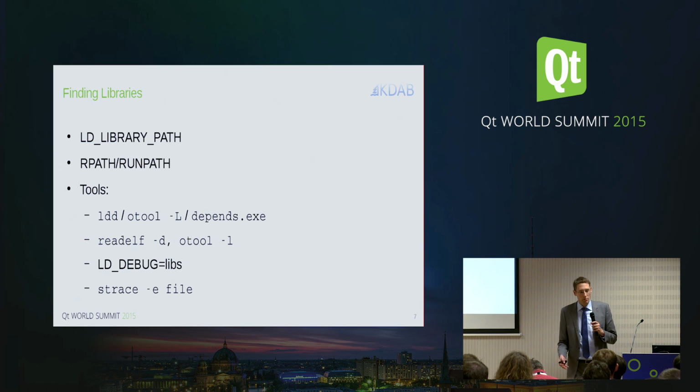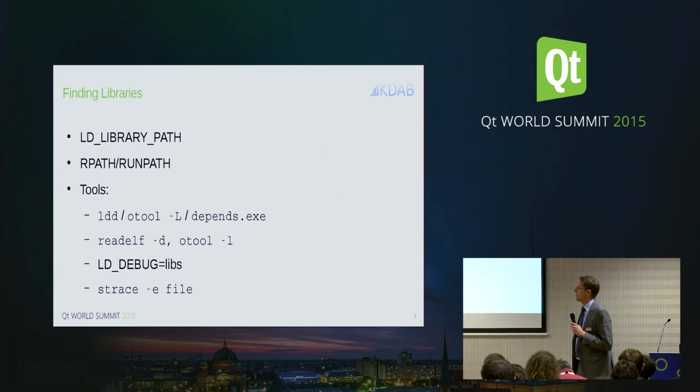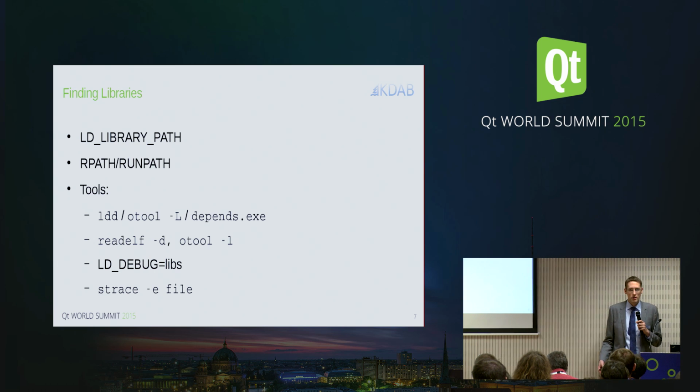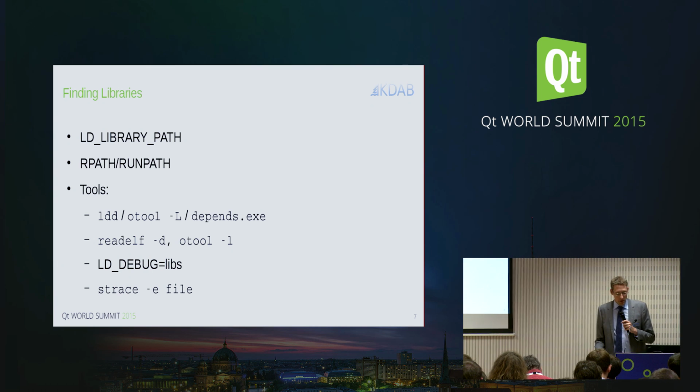It would be good if we can actually see what we will get in the end when running our executable. For that, we have ldd on Linux, otool on Mac, and again, Dependency Walker on Windows.